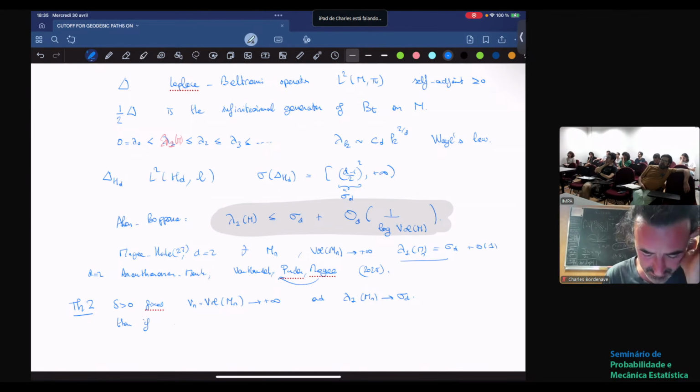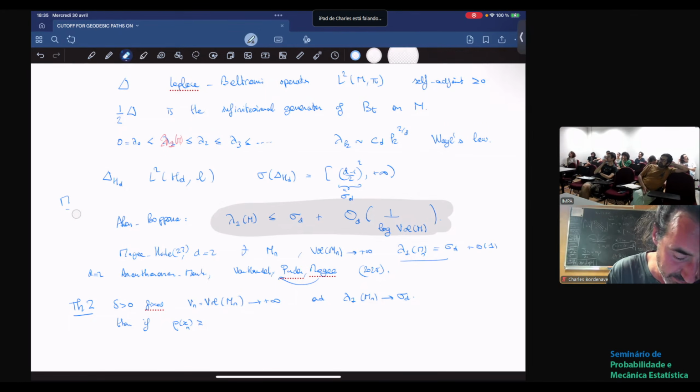Then, you take an initial condition, which I will denote x_n, and locally your manifold M is isometric to H^d.